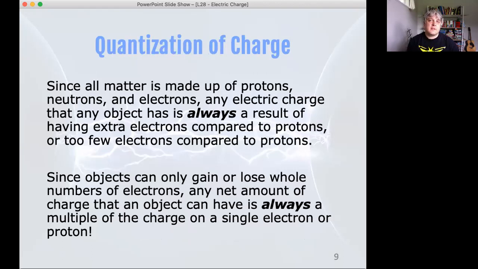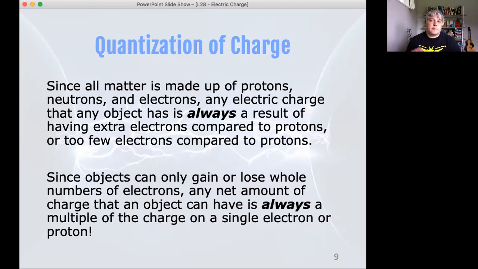If each proton has exactly 1 proton's worth of charge and you get 5 protons, you've got exactly 5 protons' worth of charge. There's no way you could ever get 5.5 protons' worth of charge because you can't get half a proton. So we know that the amount of charge on any object is always an exact multiple of that fundamental charge amount on each proton or electron.